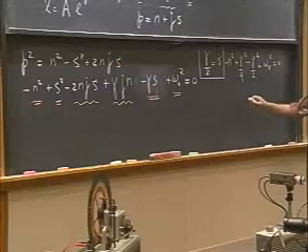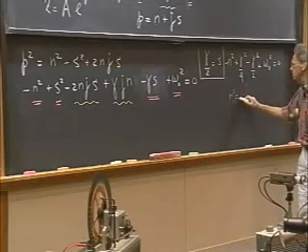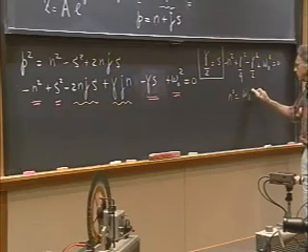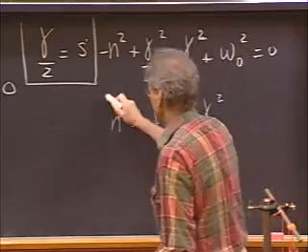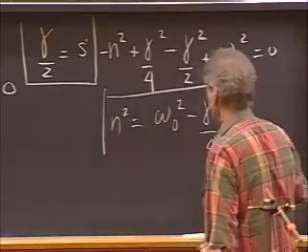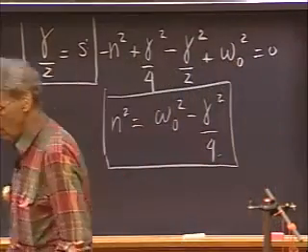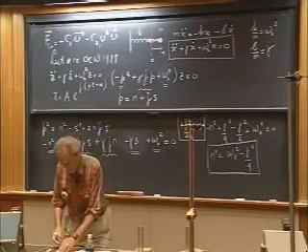And that means that n squared is omega 0 squared minus gamma squared over 4. So we also have n. So we now have n, and we have s.